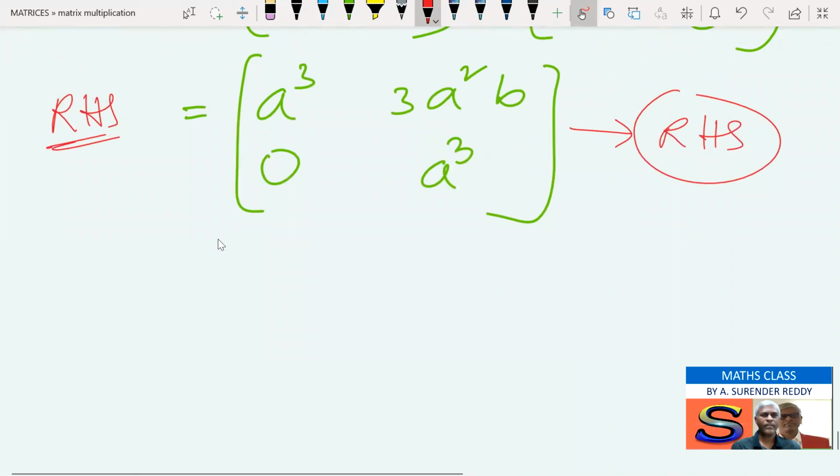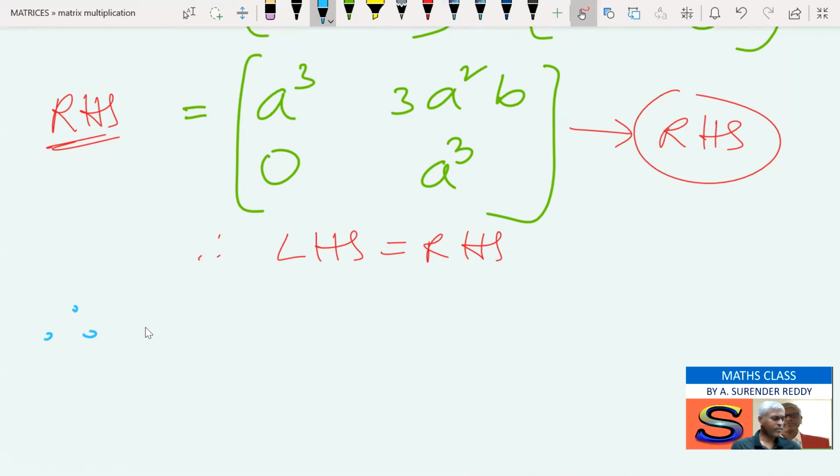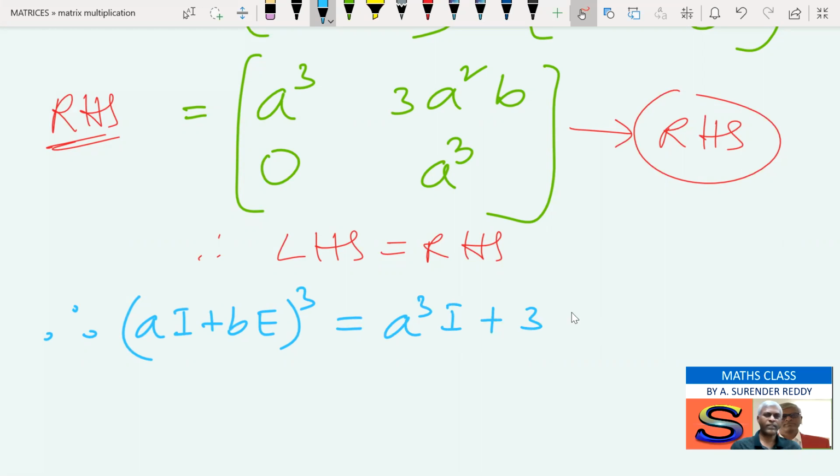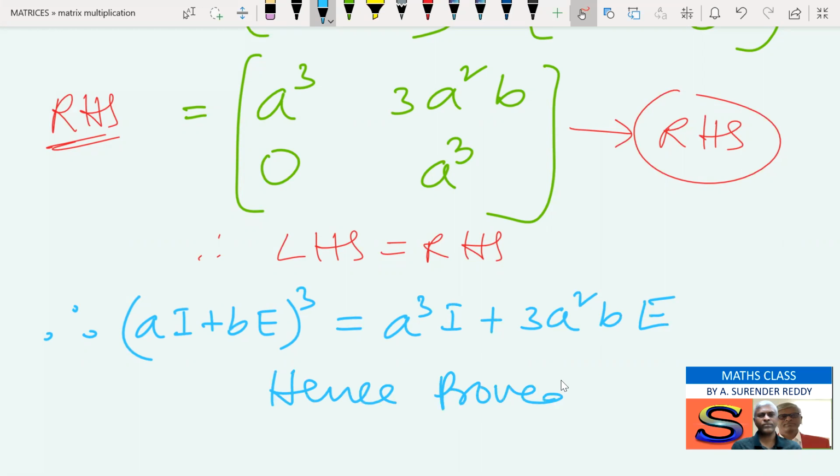Therefore, LHS is equal to RHS. So this is the proof of the given statement: (AI plus BE) whole cube is equal to A cube I plus 3A square B E. Hence proved.